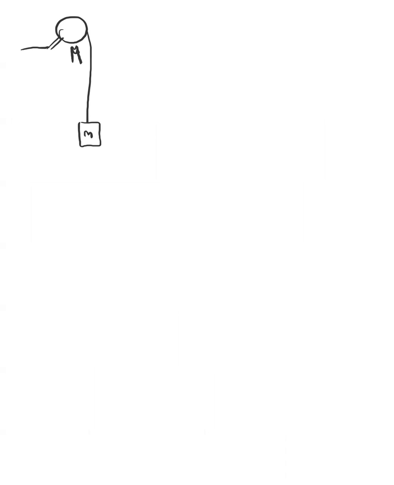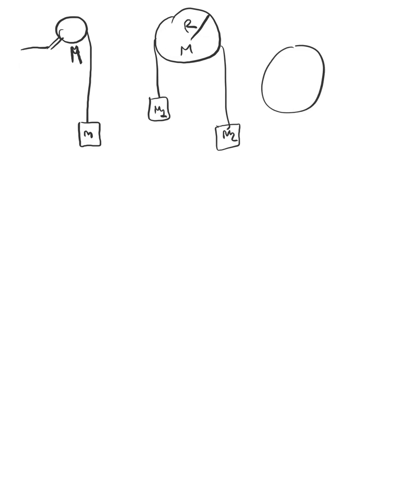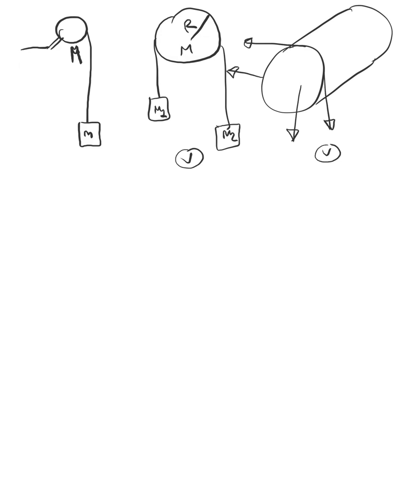The second example is, again, a pulley that has some size and some mass, and you have two objects suspended from it on both sides with masses m2 and m1. And then you have the cylinder, and there are multiple forces acting on the cylinder. The second and the third cases are actually also in your homework.